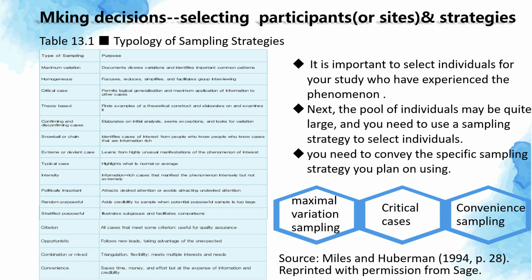Other sampling strategies frequently used are critical cases, which provide specific information about a problem, and convenience sampling, the choice of participants who volunteer or are available to engage in the study.